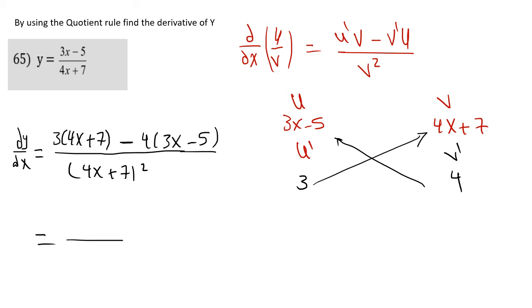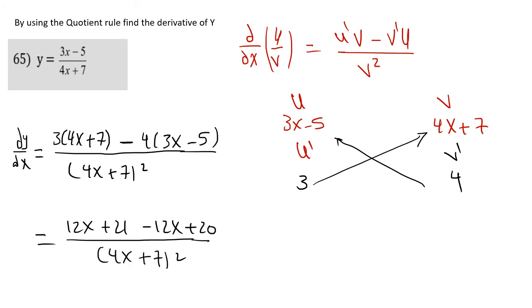So it's equal to (12x plus 21 minus 12x plus 20) divided by (4x plus 7) all squared. So negative 12x and positive 12x give me 0. 21 and 20 is 41, divided by (4x plus 7) to the power of 2.